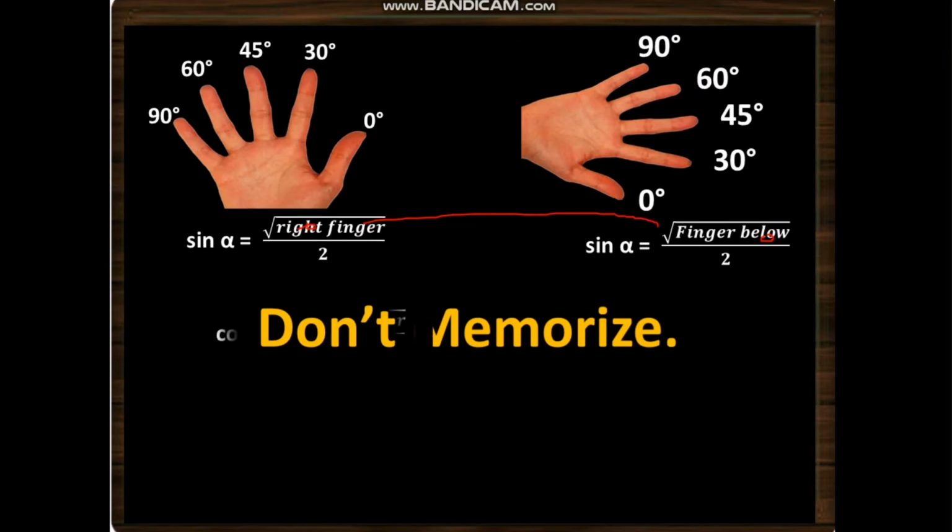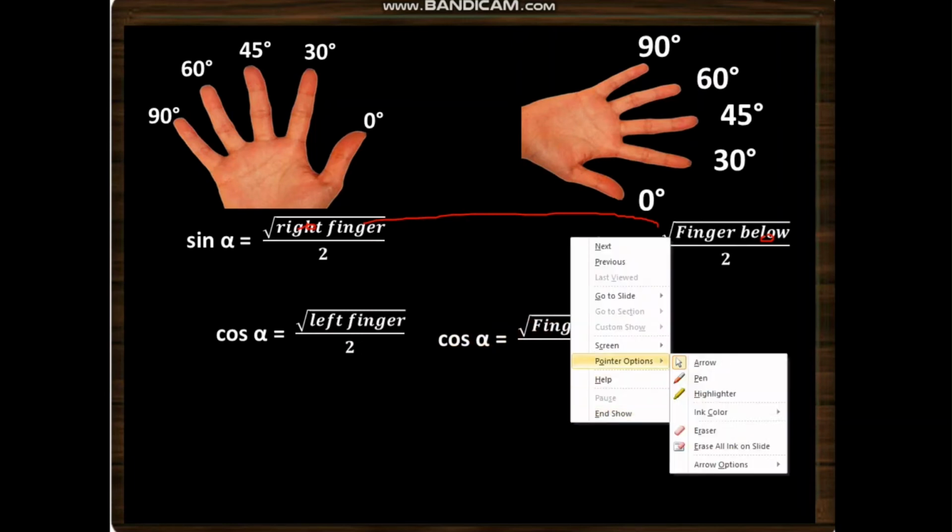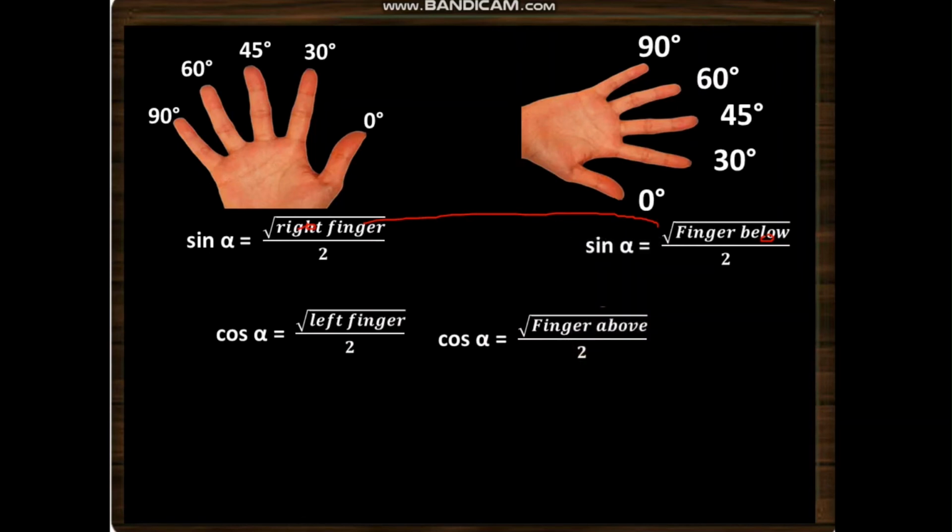Next po, how about kung ang gagamitin po natin is cosine function. So para makuha po natin yung cosine function natin, halimbawa, we're going to try to find for cosine 30 degrees. So kunyari, 30 degrees. I have here, ito po. Kakount ko lang. Dito, left finger daw ang atin pong bibilangin.